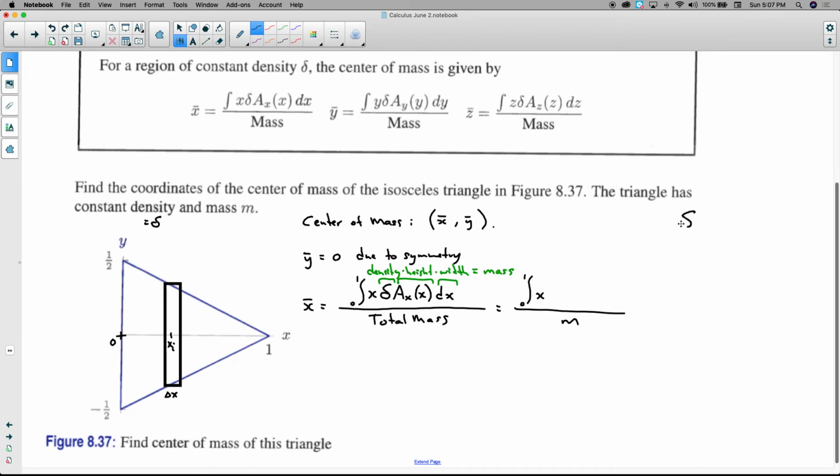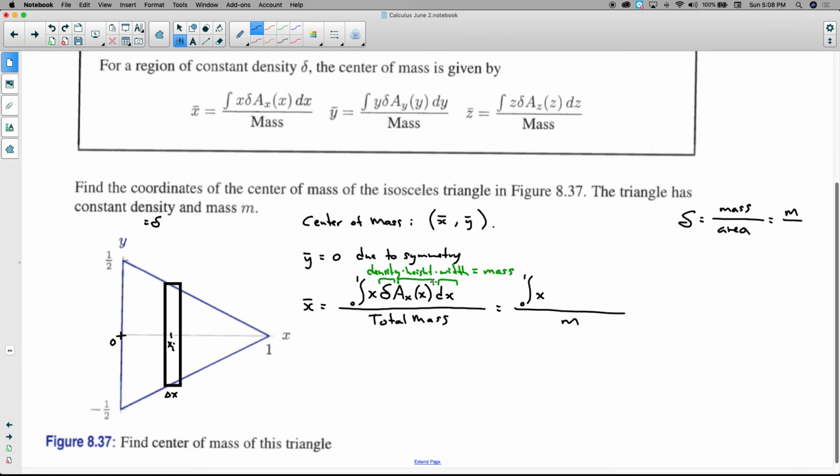Well, density equals the mass divided by the area in the two-dimensional sense. So what do we have for mass? We have m. What do we have for the area?